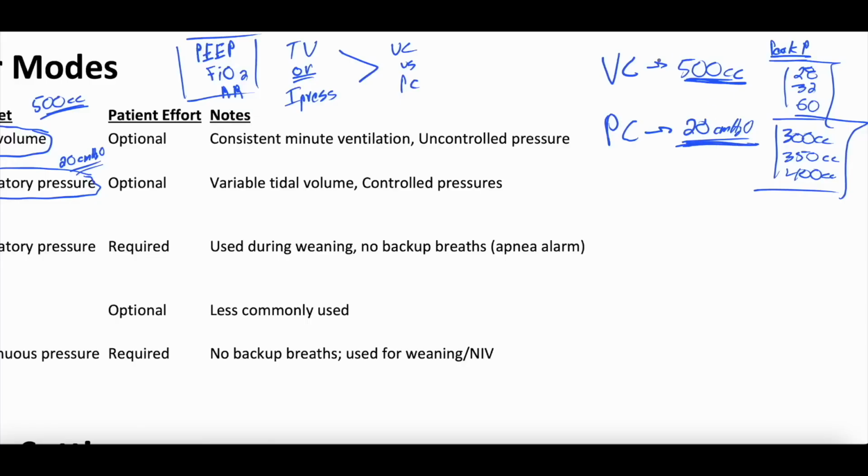Right? So volume control, the tidal volume is controlled, and the inspiratory pressure it creates, that peak pressure, is uncontrolled. Whereas in pressure control, that inspiratory pressure you're setting is controlled, whereas the tidal volume that creates is uncontrolled. That's going to change with each breath.